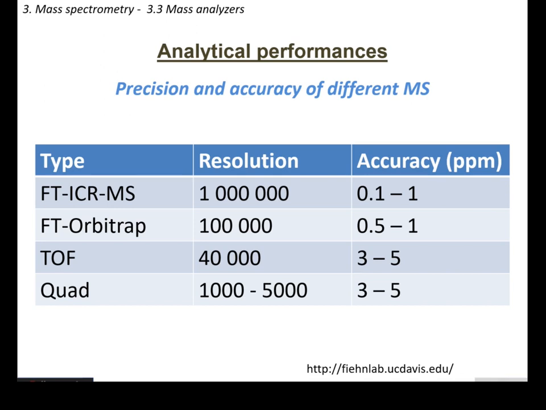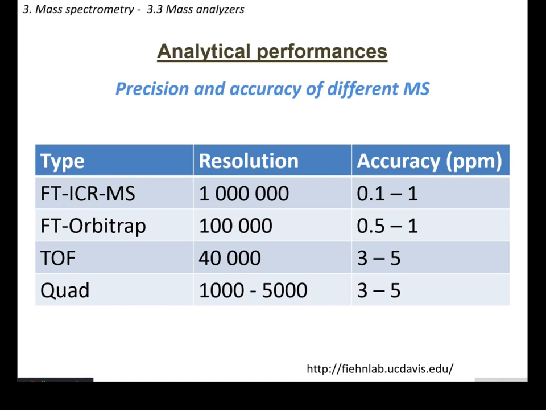So here are some ranges of resolutions and accuracy. For a quad, the resolution is a few thousands, and the accuracy is above 3 ppm or even more. For time of flight, the resolution can reach 40,000 or 50,000, and the accuracy nowadays is more between 1 and 3 ppm.